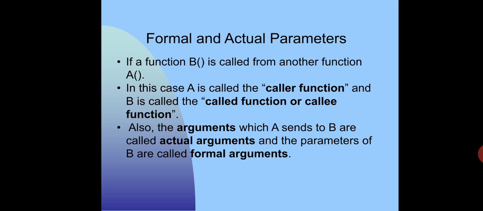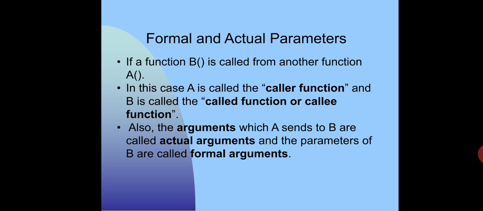That is, the function a is calling the function b. Then a is called the caller function, and b is called the callee function. Then the arguments of a which will be sent to b are called actual arguments.